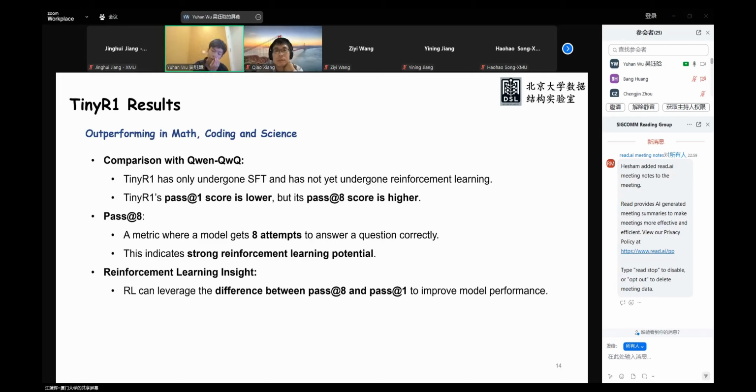Reinforcement learning can be used to bridge the gap between pass 8 and pass 1 to further enhance model accuracy. That means, I think, if we use reinforcement learning techniques, TinyR1 can surpass Qianwen QWQ.